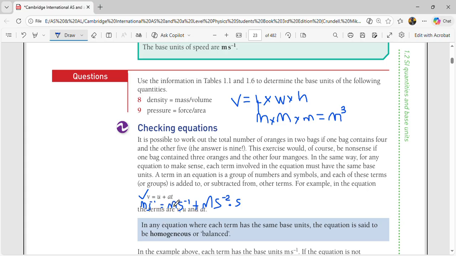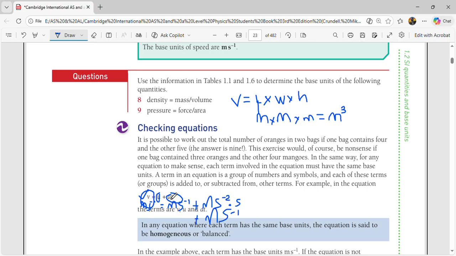When you simplify acceleration times time, which is meters per second squared times seconds, we get meters per second. So every term in the equation is in meters per second. The equation is homogeneous, the units are balanced throughout.